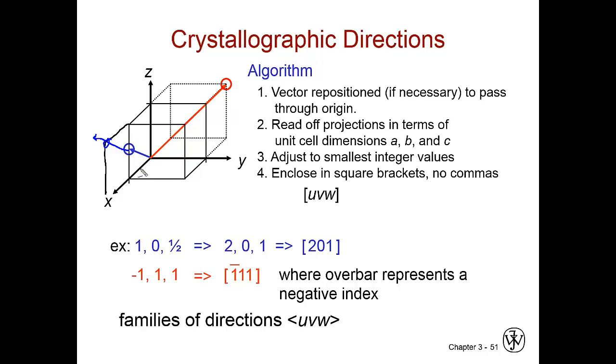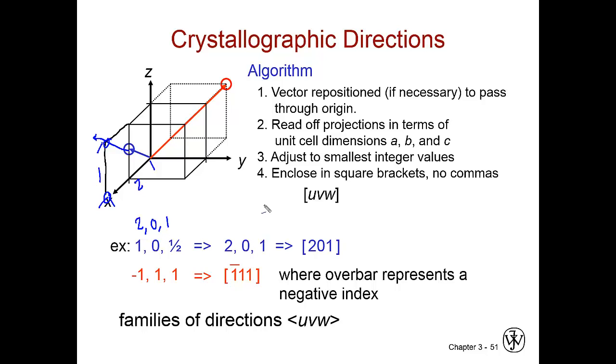Instead of going out 1 in x, 0 in y, and 1/2 in z, we come out 2 in x, and we still haven't gone anywhere in y, we're still in this plane here, and we go up 1 in z. So we end up with, for this step, 2 0 1, which is in fact what we have already.